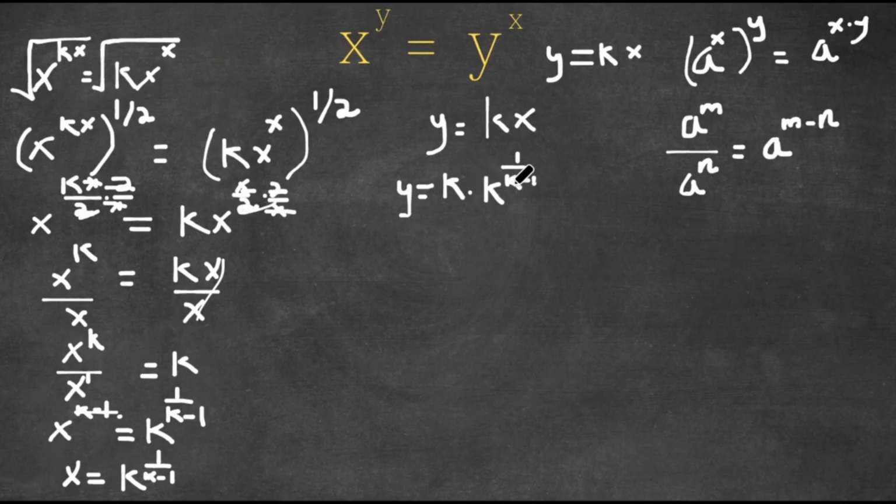Now, if we want to multiply these two numbers, we would have to add their exponents. So k over here is to the power of 1. So 1 plus 1 over k minus 1.